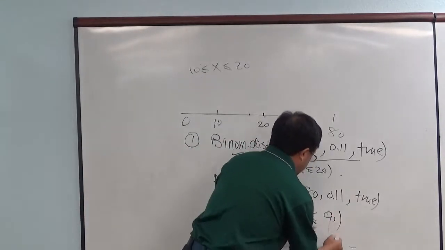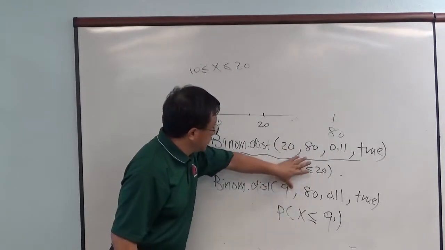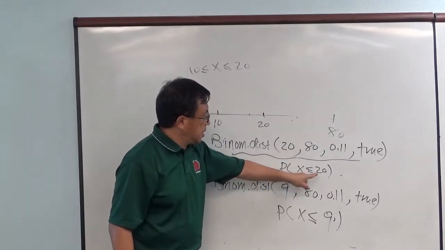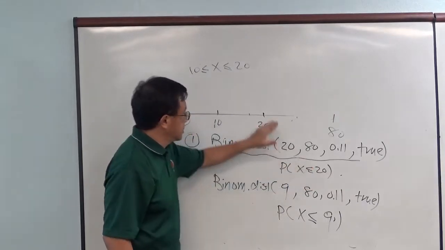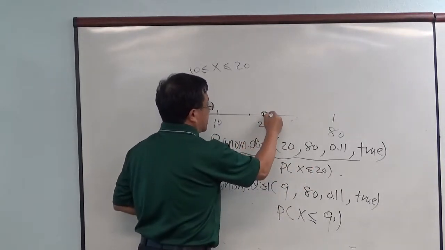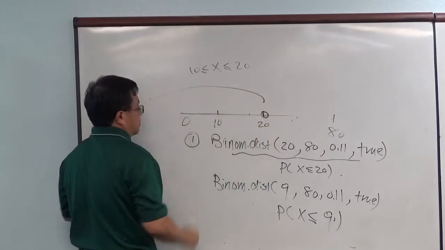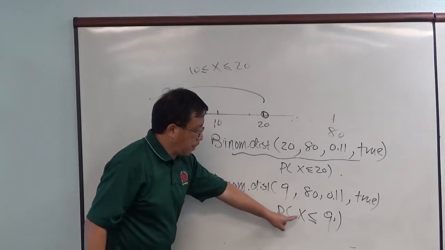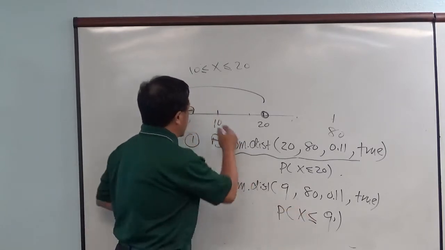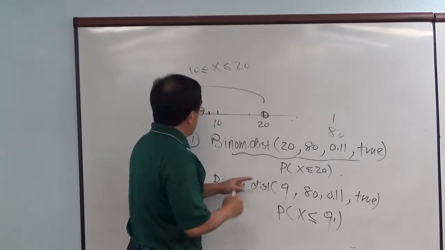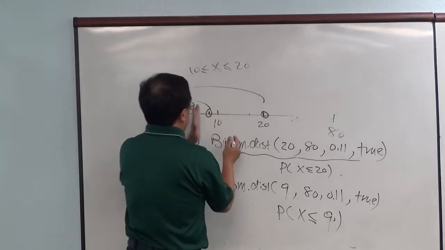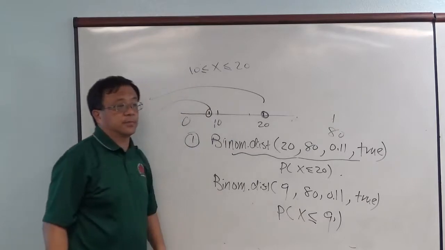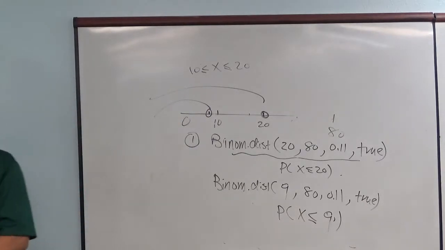If I subtract these two, the probability x is 20 or less, minus the probability x is less than or equal to 9, the leftover is from 10 to 20.